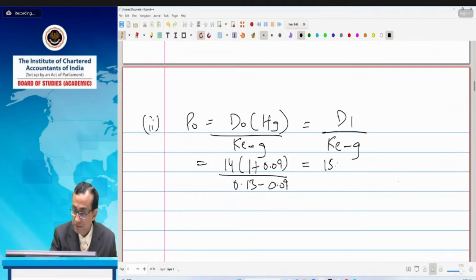15.26 divided by 0.13 minus 0.09, that is 0.04. So let us calculate it.